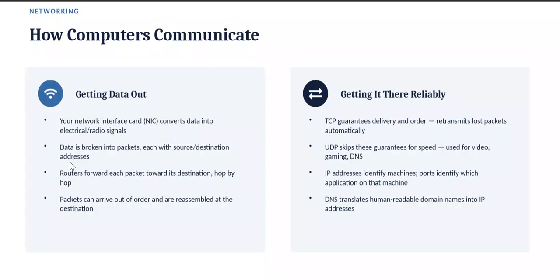So data is broken into packets. Before data is sent from your computer to another computer through a network, it is broken into different packets, each with source and destination addresses. These addresses are not usually seen by the user, right?